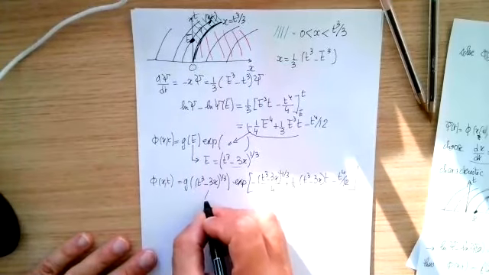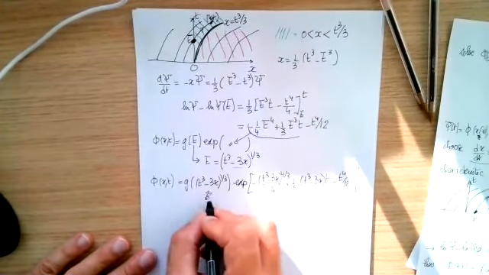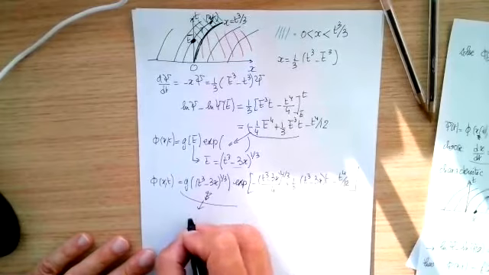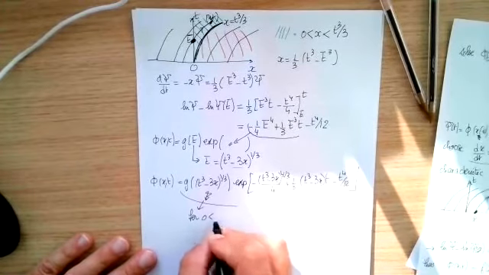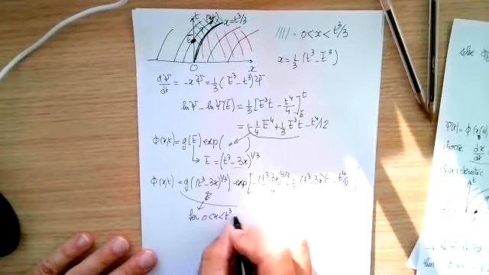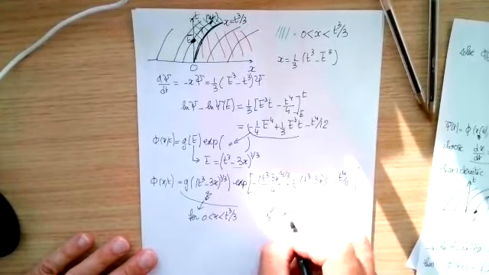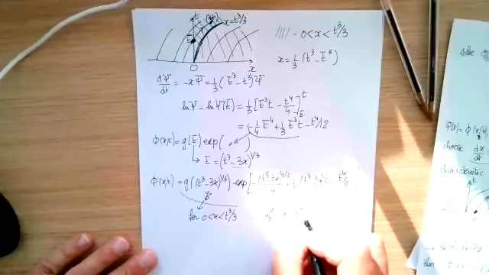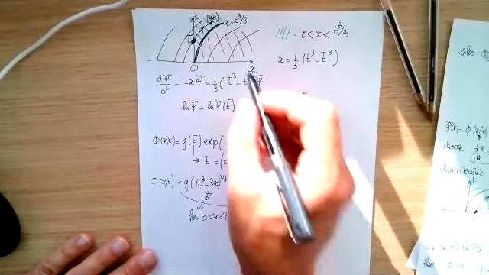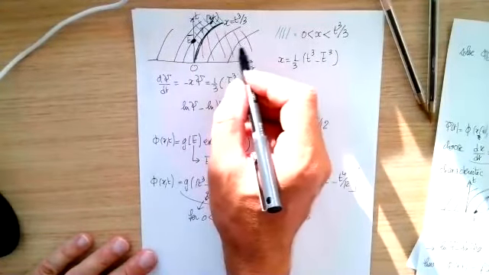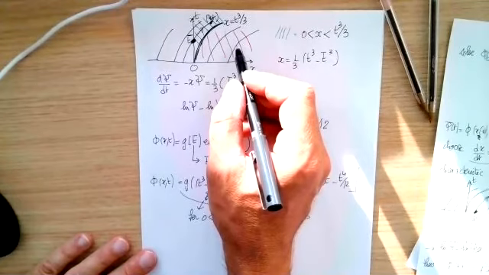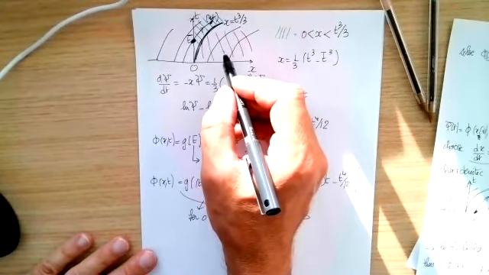And all this equation is for 0 less than x less than t cubed over 3, because if x is larger than t cubed divided by 3, it's in the red area, and the previous treatment applies.